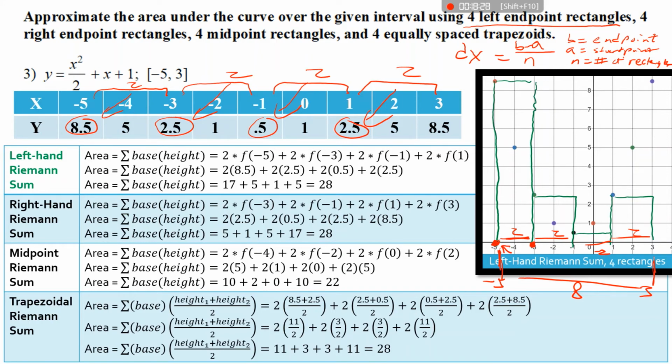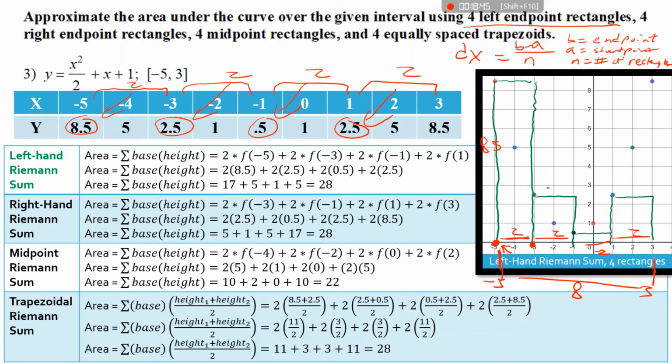So that left side is x equals -5. If I plug that into our function, -5 squared over 2 plus -5 plus 1, I get 8.5. So the height of this first rectangle is 8.5 with a base of 2, for a total area of 17.